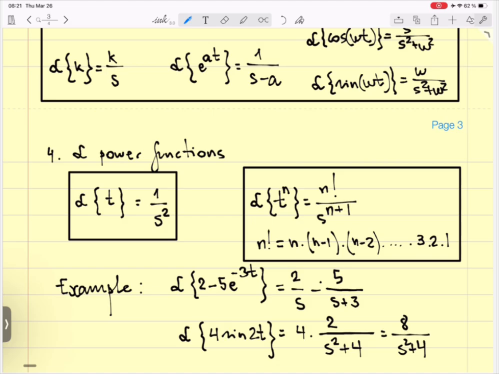Okay. Any questions? These two examples. In this case, omega is 2. That's why 2 squared. Questions, please.